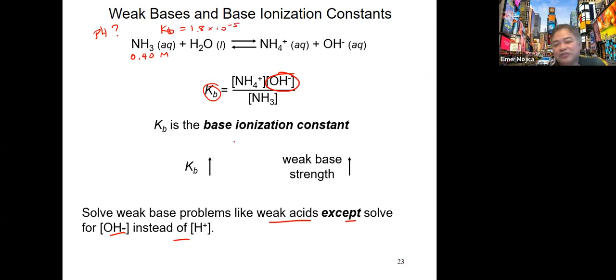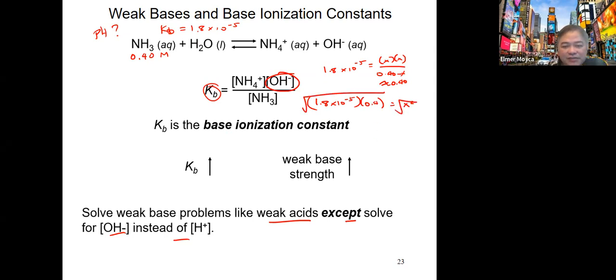So how do we solve this? We use 1.8 times 10 to the negative 5 equals X squared over 0.4 minus X, and we could say it's just 0.4. So 1.8 times 10 to the negative 5 times 0.4 gives X squared. Then you get the square root of that. What is the X value? That is your hydroxide. What did you get? My calculator isn't with me.